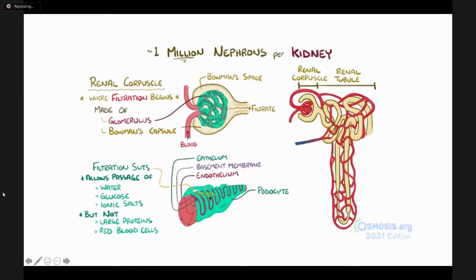Some books explain it like octopus, interdigitating like this. So this cell is known as podocyte. So it forms the filtration slits here. So it allows passage of water, glucose, ionic salts, but not allowing large proteins and red blood cells to pass through. So this is the one that contributes to the filtration process in the Bowman's capsule.